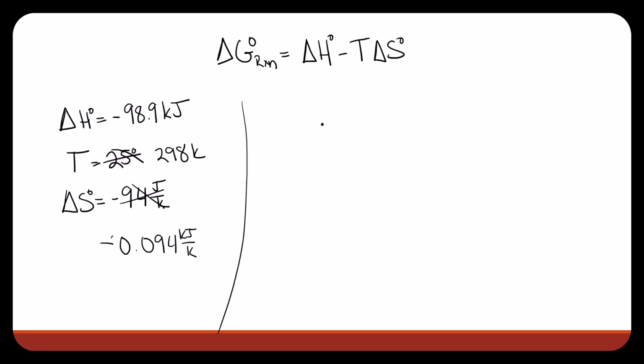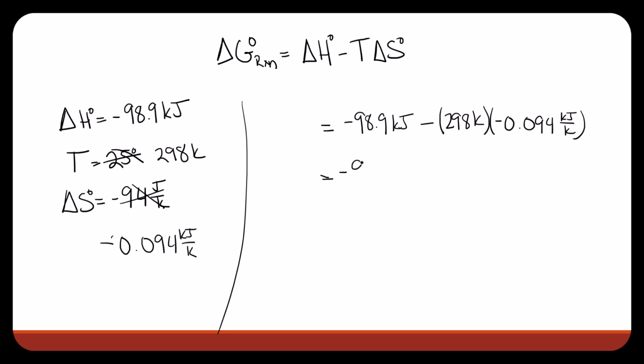Now we're finally ready to plug this into our equation. So we've got negative 98.9 kilojoules minus 298 Kelvin times negative 0.094 kilojoules over Kelvin.